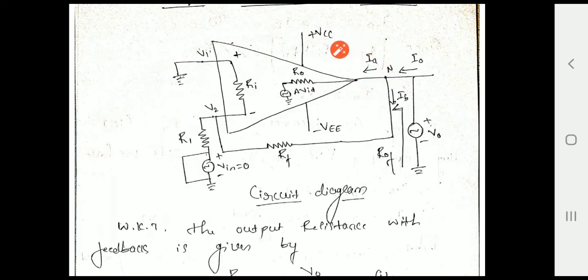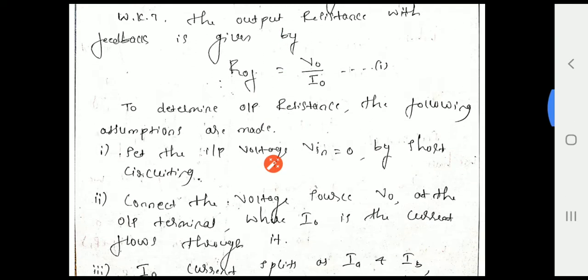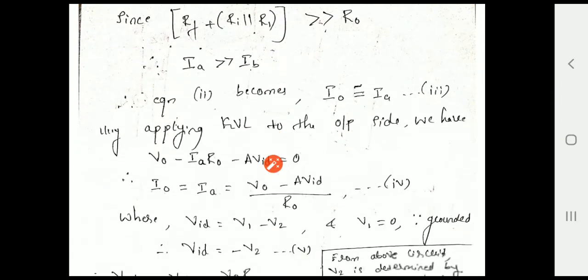This is another path, and A into VID is the other source. These are the three components included in this circuit, which is written here. We can say that V0 minus IA into R0 minus A into VID equals 0, applying the KVL. IA is nothing but I0, you can choose either. So I0 equals V0 minus A VID by R0, solving for I0 here.